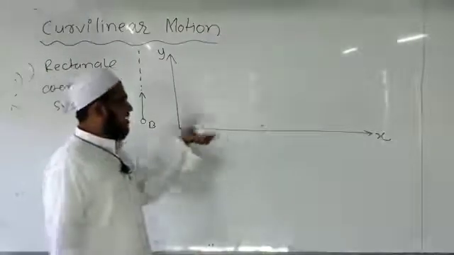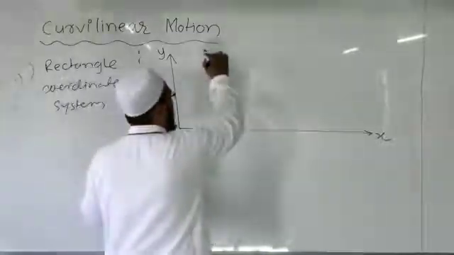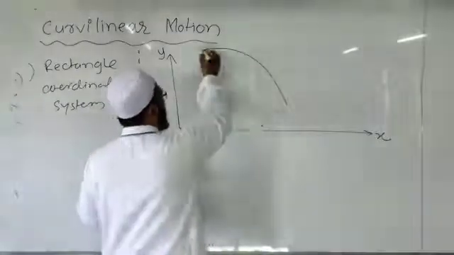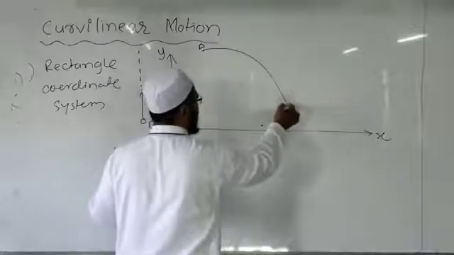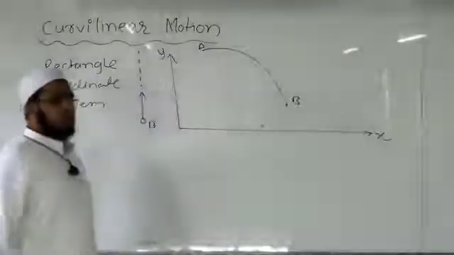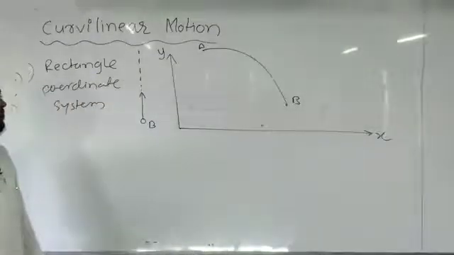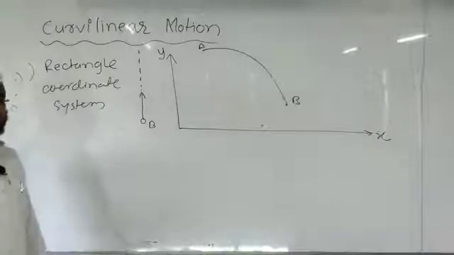general coordinate system X and Y. Assume that a particle is moving from position A to B, performing a curved path, moving along a curvature.